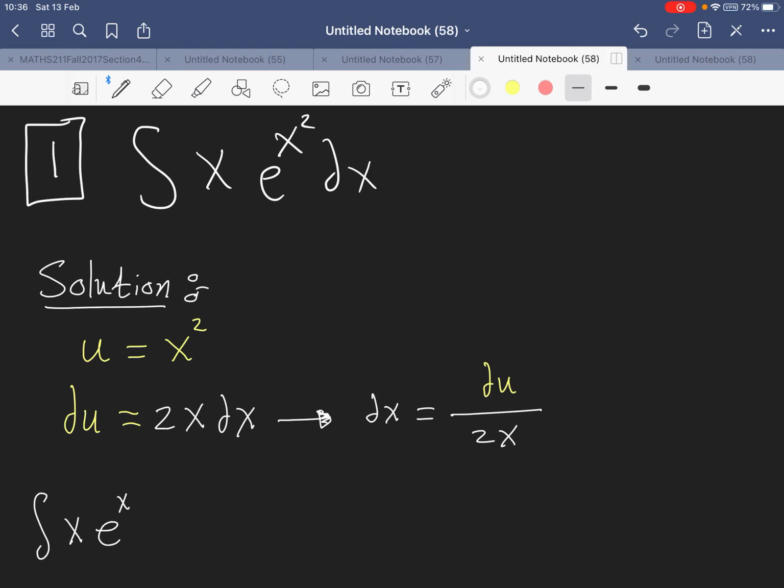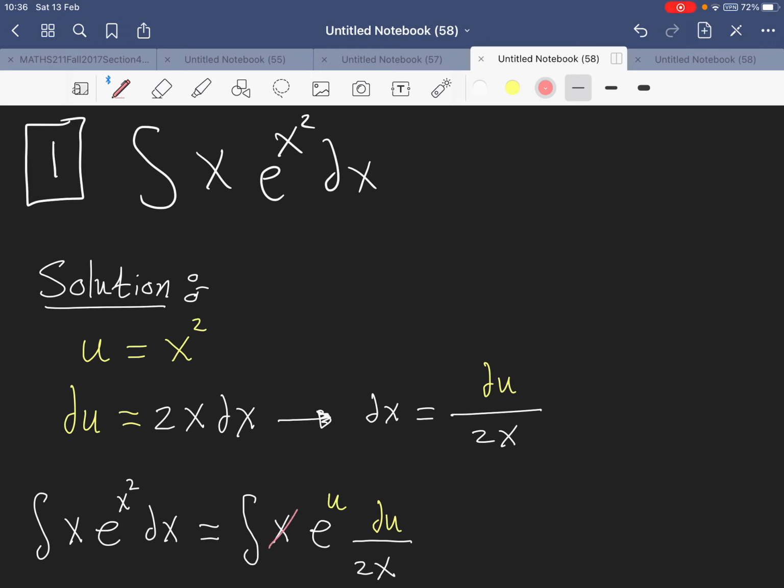The integral of x e to the x squared dx equals the integral of, the first x we don't care about, and now instead of x squared I will write u, and instead of dx I will write du over 2x. Now if everything is correct, the x will be cancelled with the other x.